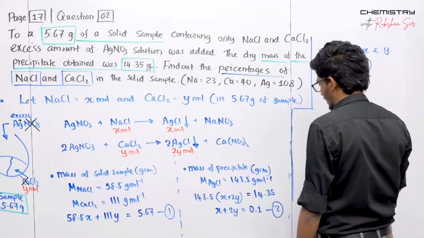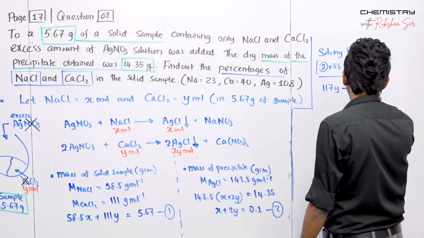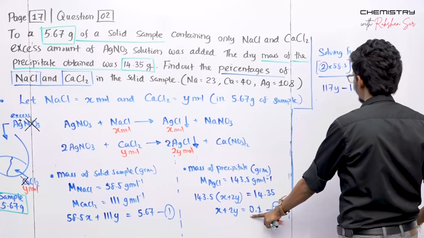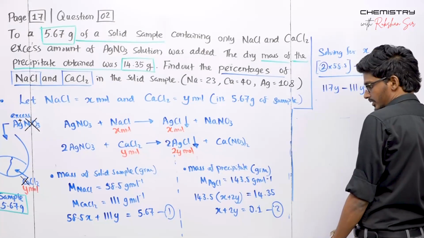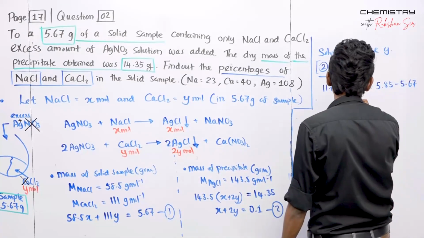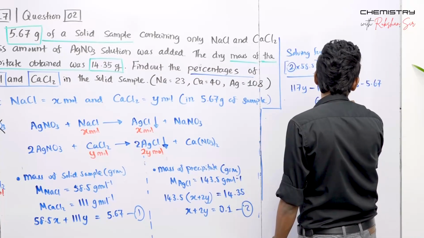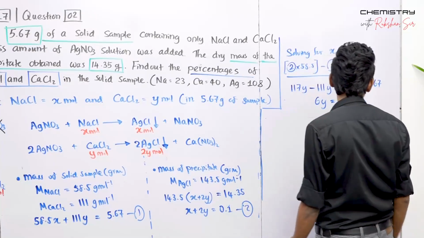Right, 117y minus the first value 111y, that is equal to this into 58.5, which is 5.85, that minus 5.67, that will give you 6y is equal to 0.18, right?